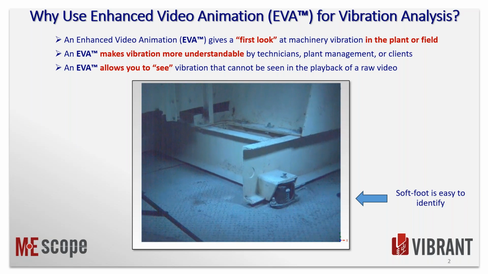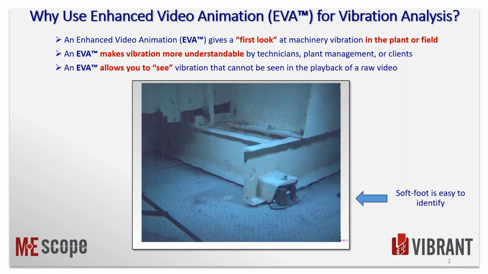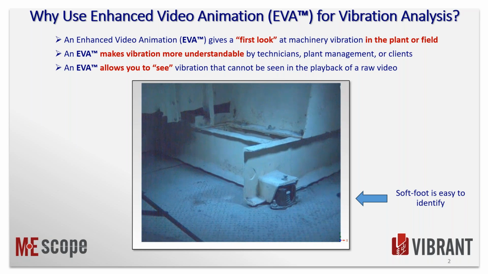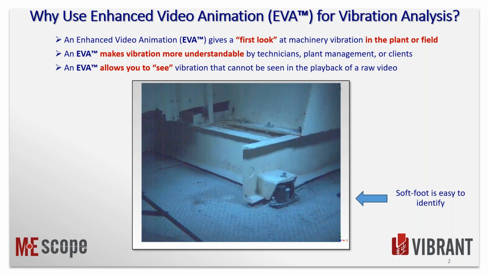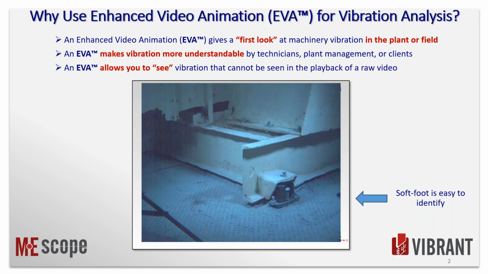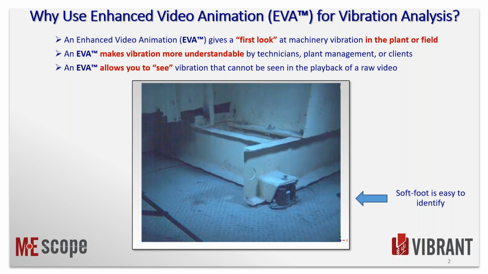Now we're calling this enhanced video animation because that's what this software does. It processes a video, and the video can come from any camera. There are some very expensive ones out there, but as Mark mentioned, a GoPro is actually cheaper than a cell phone, $300, $350, and the technology has really improved with GoPro so that they can take videos in natural light in many situations.